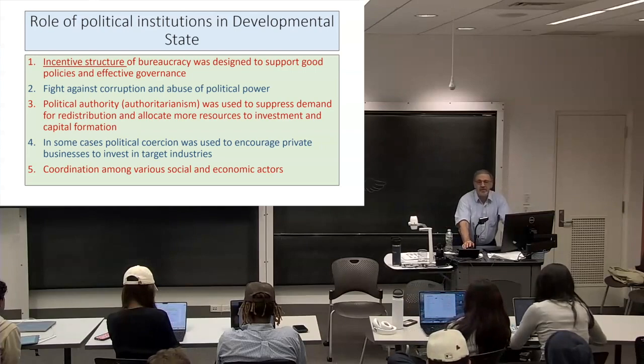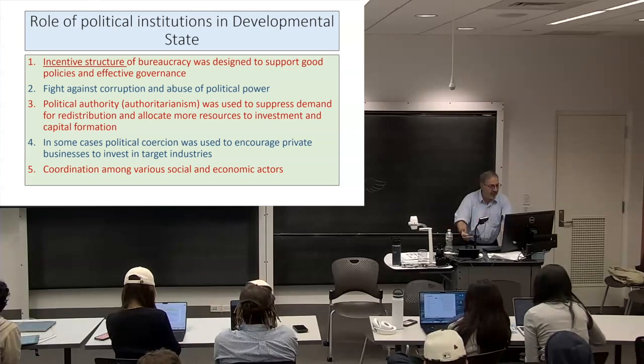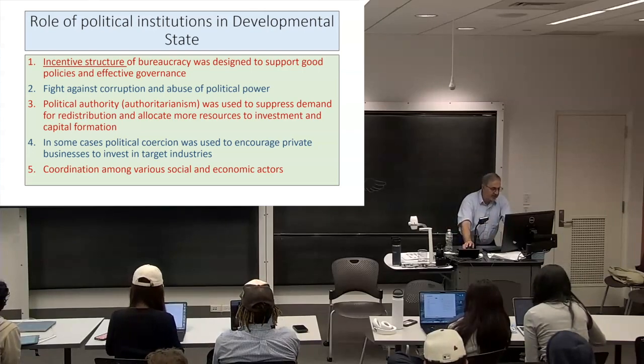So it's not always just repression. Part of the reason that you have what we call peace in the production process, meaning labor peace and labor cooperation with management, is the ability to achieve coordination.